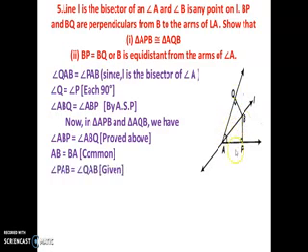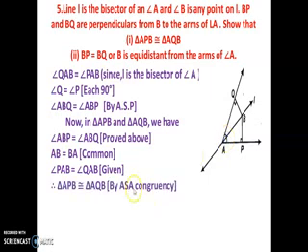Likewise, angle PAB is equal to angle BAQ, that is given since L is the bisector of this angle A. So according to the ASA congruency rule, these two triangles become congruent to each other.